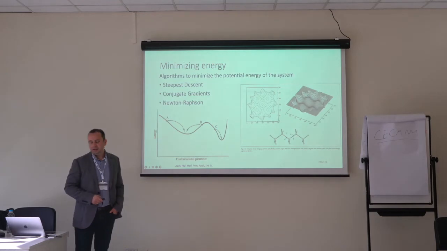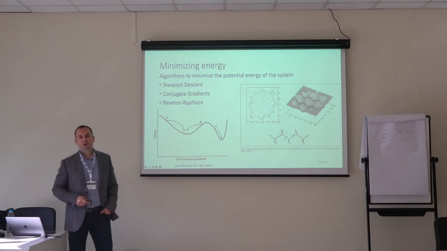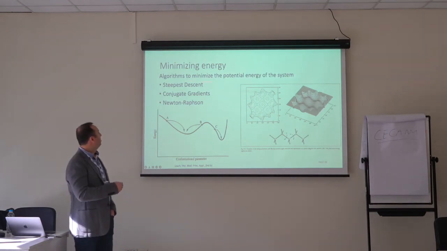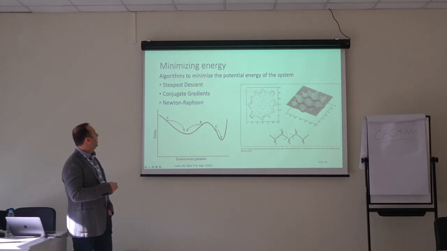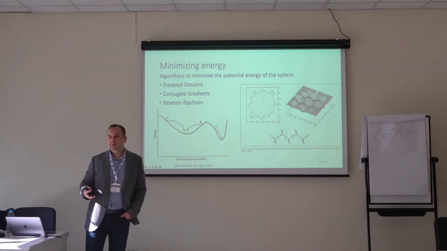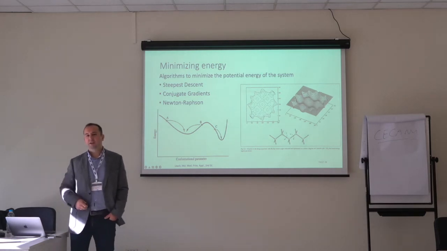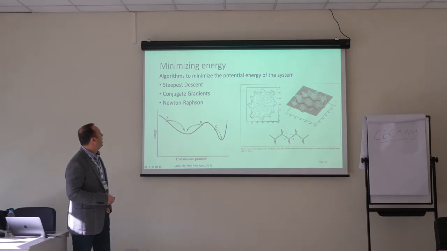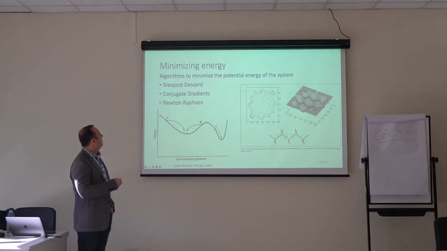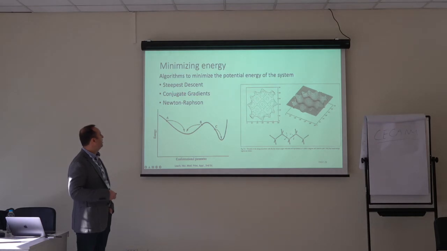There are algorithms which we call energy minimizations. They are actually optimization algorithms, so you can use them for solving other industrial engineering problems, etc. Briefly, the ones mostly used are steepest descent, conjugate gradients, and Newton-Raphson.